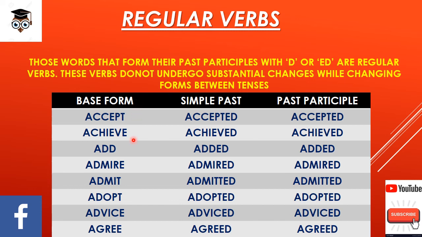Now these are the base form, which is the simple present form, which we will convert into the simple past and past participle. So the word is accept in the base form. In the simple past, we write accepted, and past participle is accepted too.